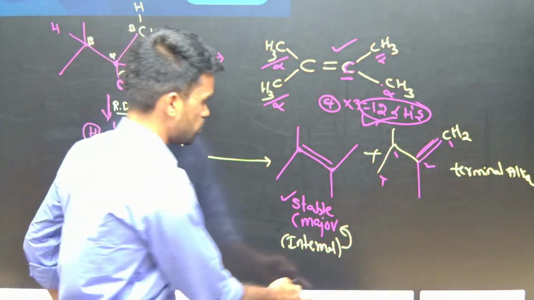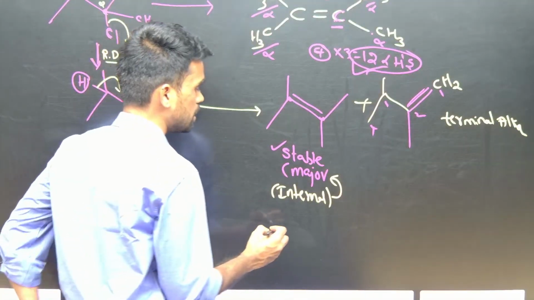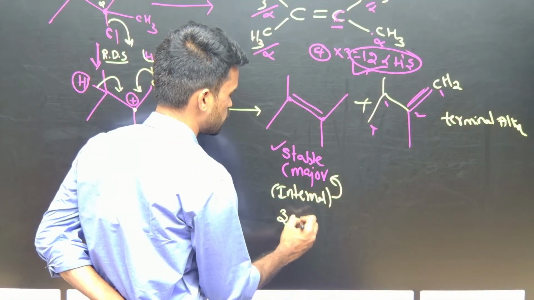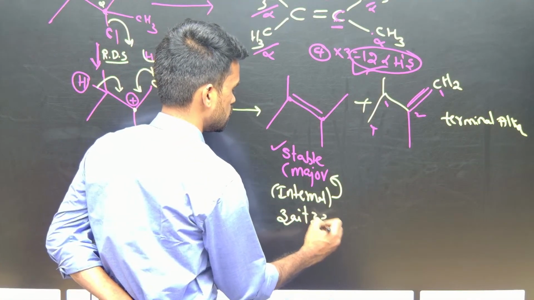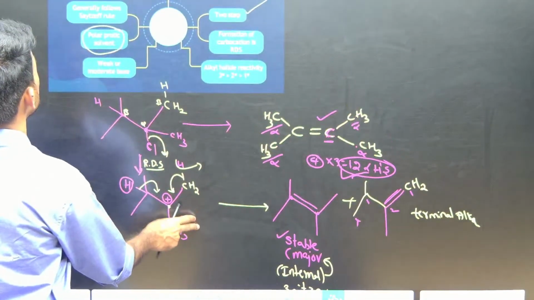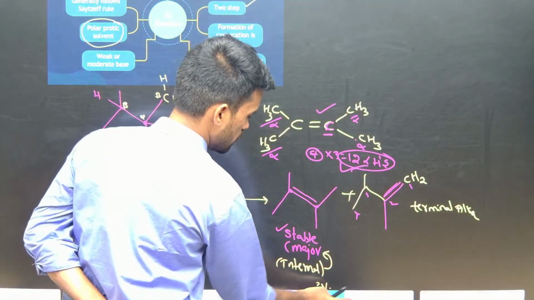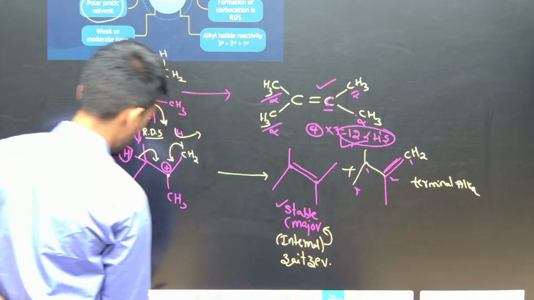One more thing: this internal alkene product is called the Zaitsev product, or Saytzeff product. There are different ways to write this; some books give Zaitsev or Saytzeff. Here I am writing both.